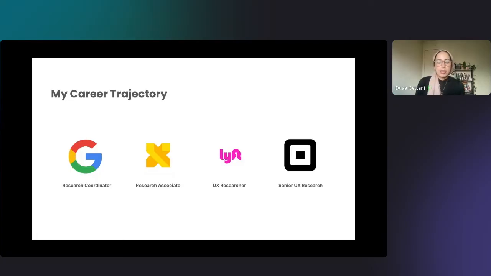I think a lot of folks joining this talk may have a question as to how I made that transition from academia into UX. My answer is that I started off by joining as a contractor at these specific companies. The companies here in the box are the ones that I joined as a contractor.